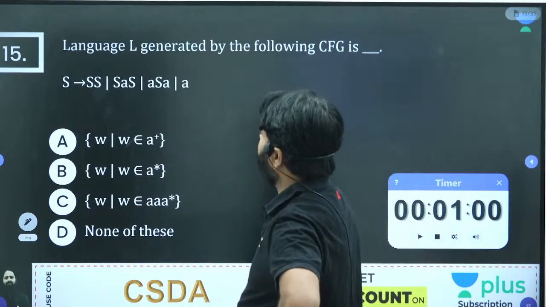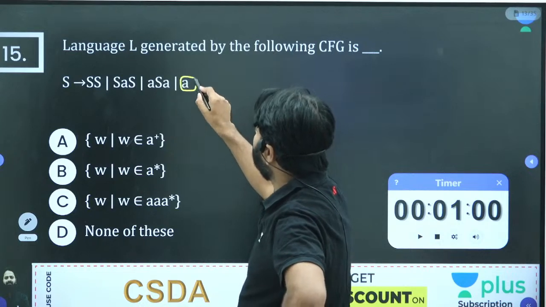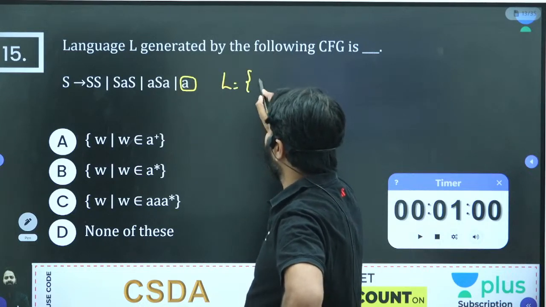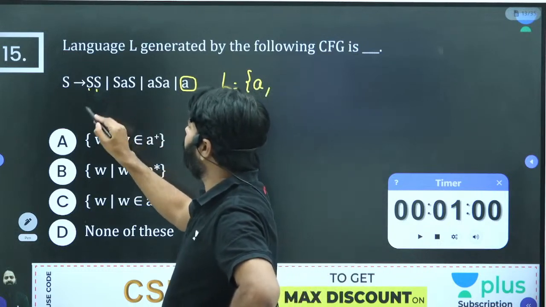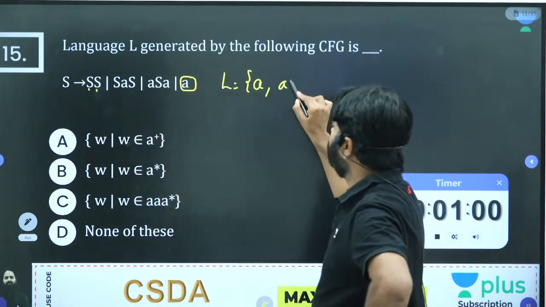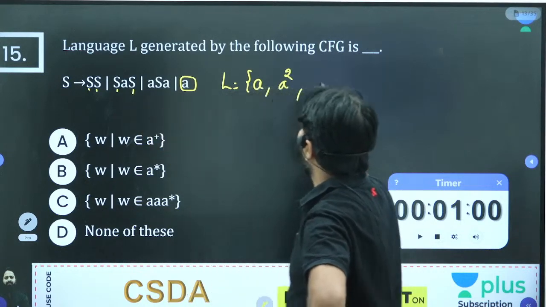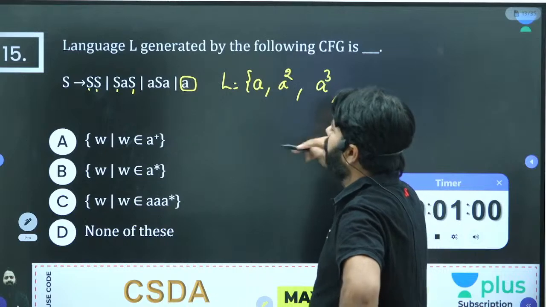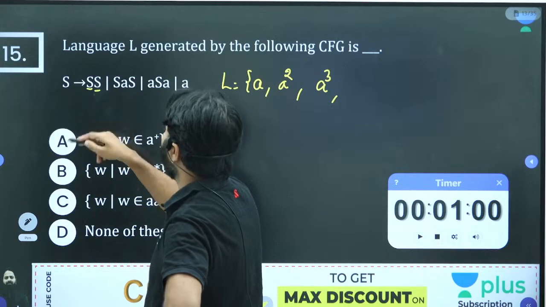Let's see what is the right answer. What is the minimum string here from this? A is the minimum string, right? The language that you get, A is the minimum. Next minimum, what do you get? If you keep A and A here, you will get double A. If you keep A, you will get 3 A's. And similarly, can you get 4 A's by taking this multiple times?